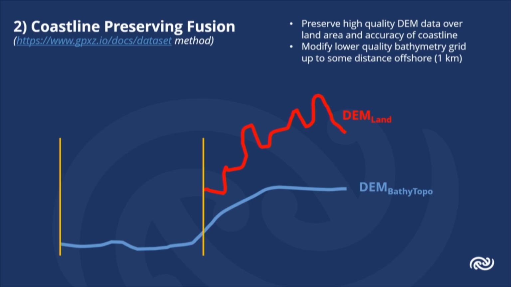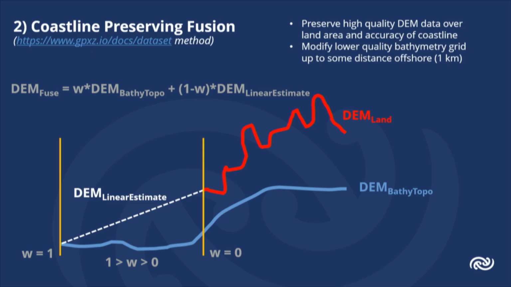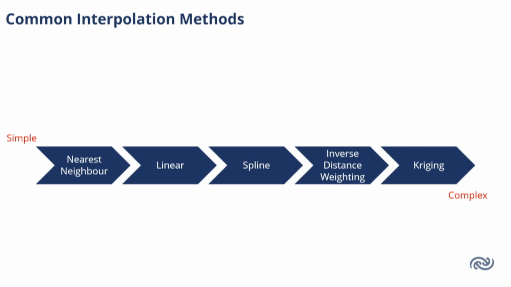What we'll do is take a line at some fixed distance offshore from the land and then take a weighted average of the gridded data set with that line. So you do get the shapes of the gridded data set coming through, but it matches up with the high resolution model.